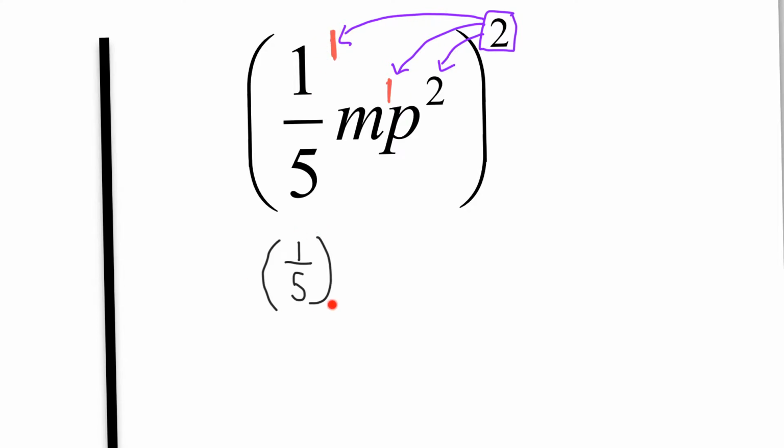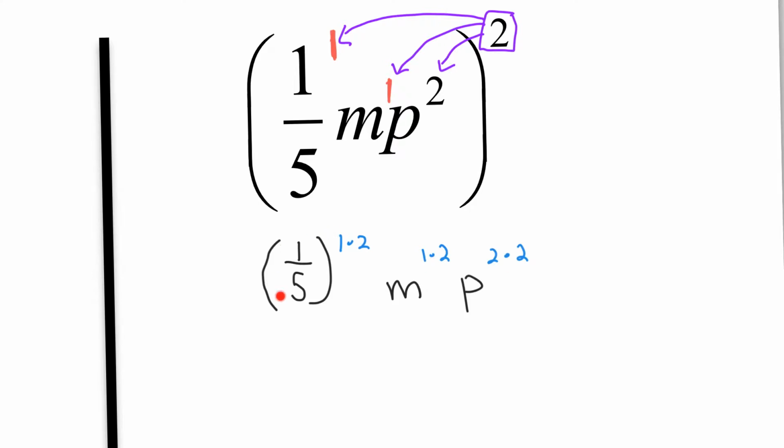So I'm going to use parentheses, 1/5, and I'm going to multiply the exponents 1 times 2. Then the next one will be m, and you multiply 1 times 2 again, and the next one is p, and you multiply 2 times 2. So you keep the same bases, 1/5, m, p, but you need to multiply the exponents.